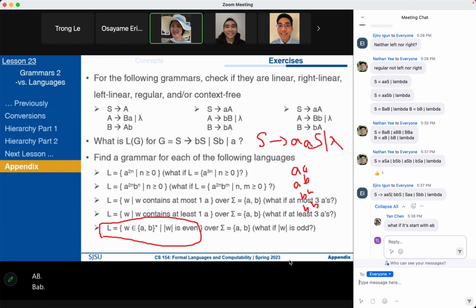Therefore, for the S, we can have AAS, ABS, BAS, BBS. And because we want an even number, it's lambda.